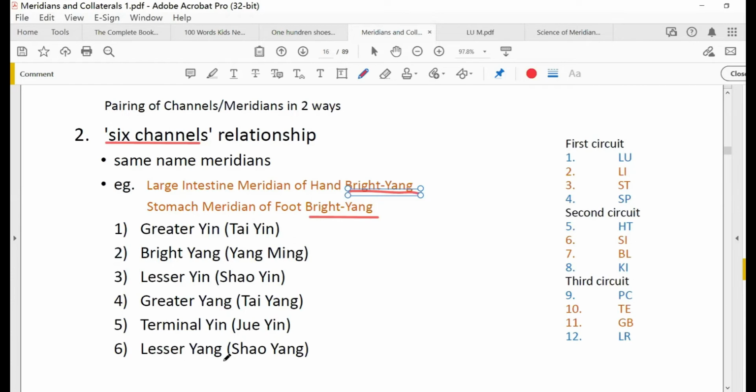So is there any patterns here? No, right? This 2 in the first circuit, this 2 in the second, this 2 in the third circuit.